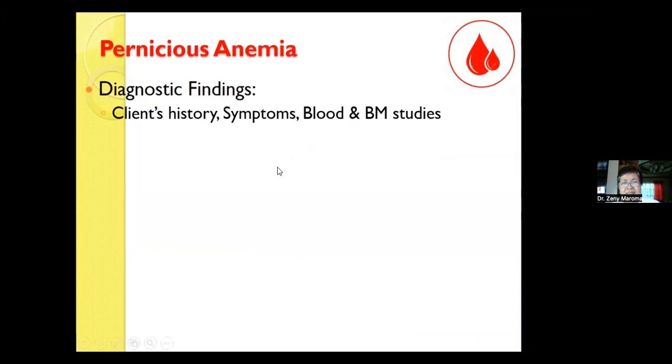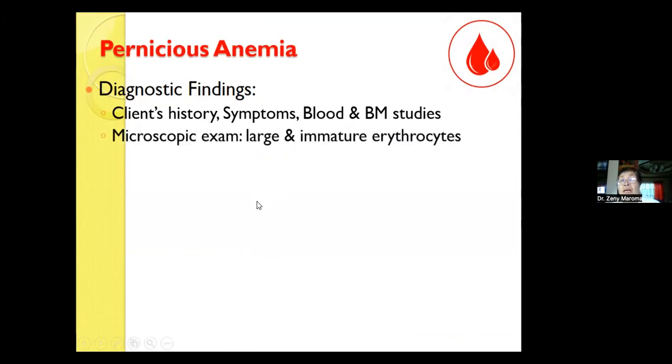Then, about diagnostic findings, review the client's history, symptoms, blood, and bone marrow studies, and microscopic exam, large, immature erythrocytes. Schilling test is the definite test. Okay, board question. The definite test for pernicious anemia is Schilling test.